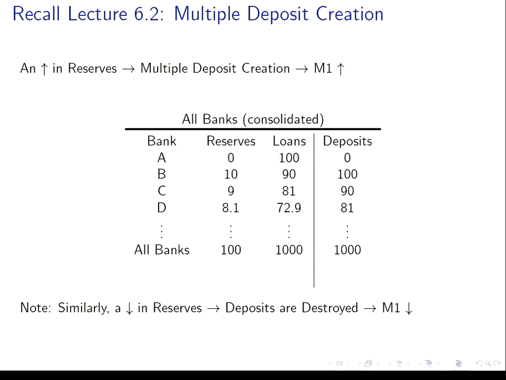So you can see that at the end, Bank B is holding $10 in reserves, Bank C is holding $9, Bank D is holding 8.1, and so on and so forth. And if we add all these reserves across all the banks in the banking sector, that'll add up to 100. The key point here is that loans, and as a consequence deposits, increased by 10 times.